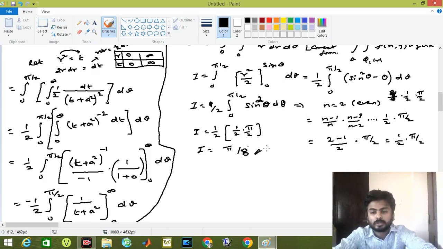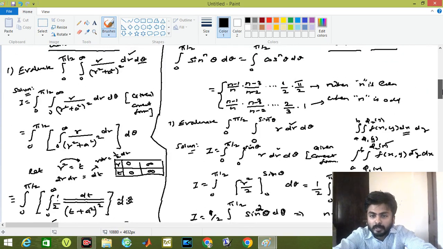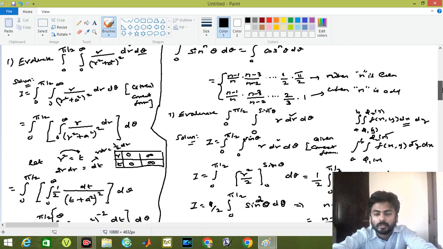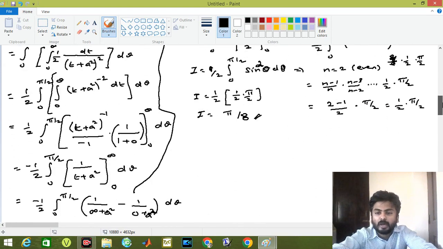Dear students, just keep in mind, the formula depends only on the limits 0 to pi by 2. For other limits you have to integrate and substitute the angle. When I have 0 to pi, you have to substitute the limits directly after integrating.